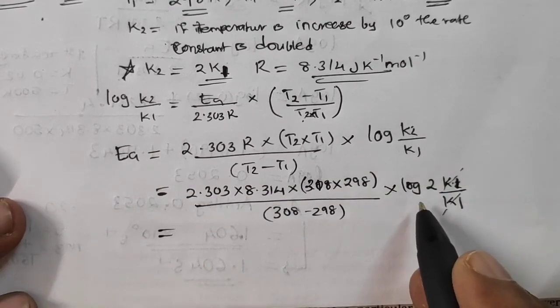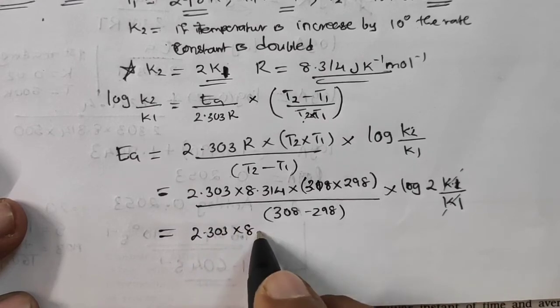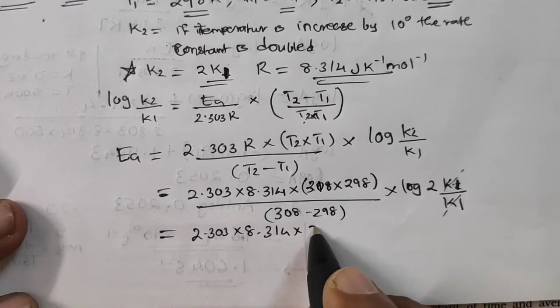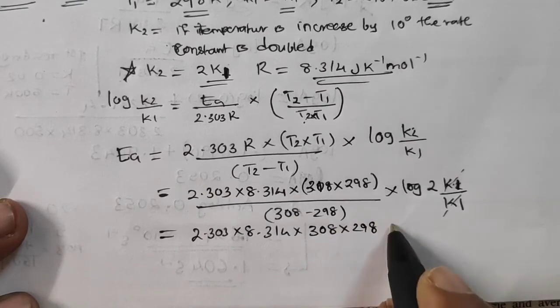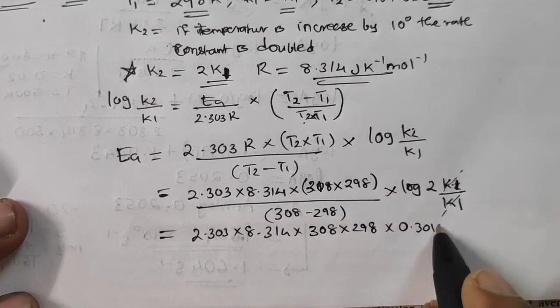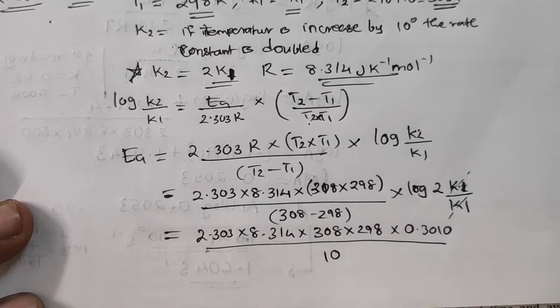Log 2 is 0.3010. So 2.303 into 8.314 into 308 into 298 into 0.3010, divided by 10.